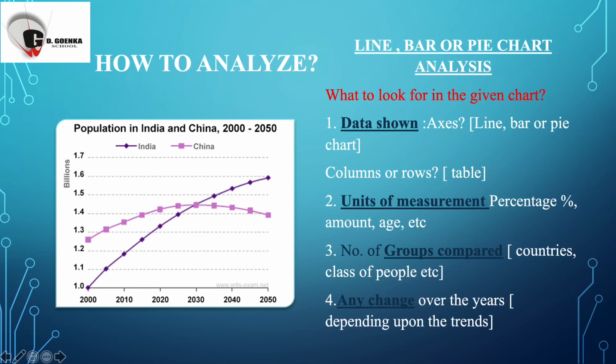And moreover, in the same period, China's population has increased by 0.1 billion to reach over 1.35 billion. So these facts and figures, you can just see after reading this line graph. And it's not that you need to state the exact figure, it's just an analysis. So on the basis of that, you can write these lines while writing the analytical paragraph.